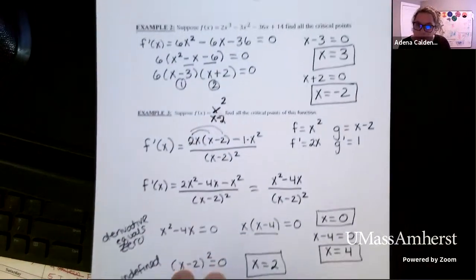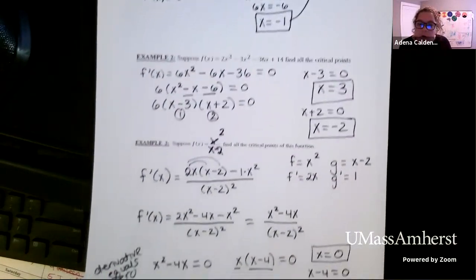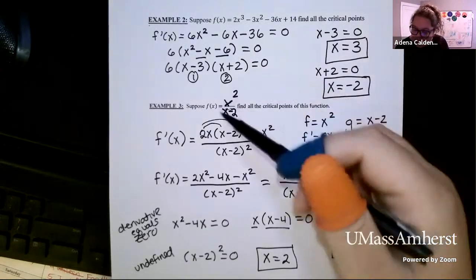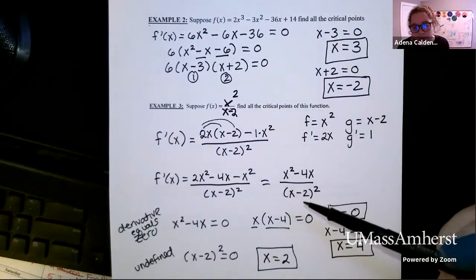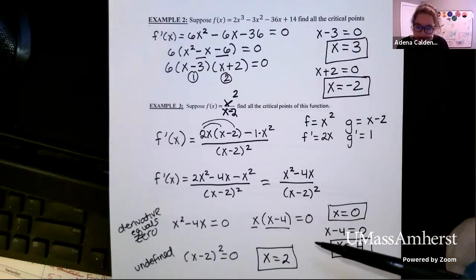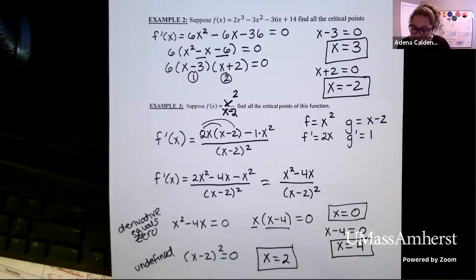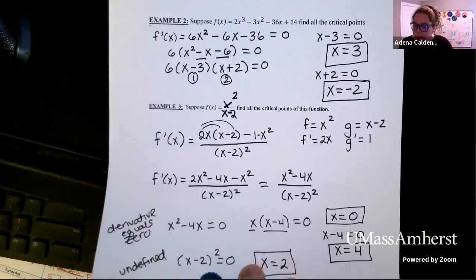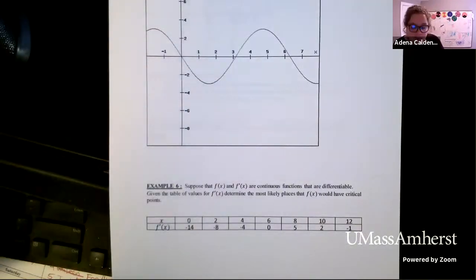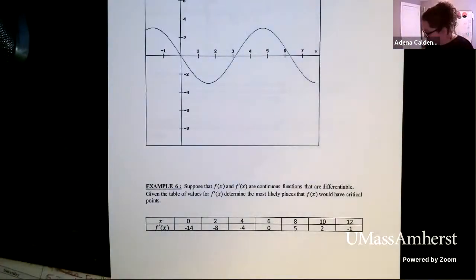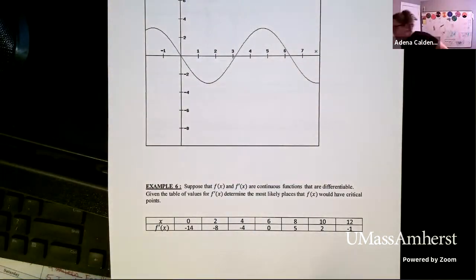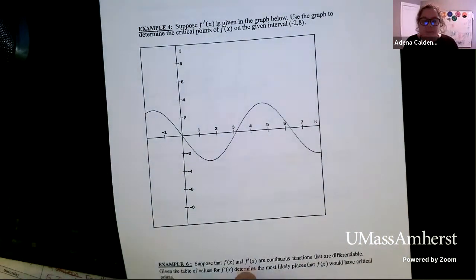Now, for these 3 problems we just did, these are all algebraic. We started with a function and did the algebra to find the first derivative, set it equal to 0 and solve. There are a couple of other ways that we can look for critical points. So I'm quickly going to review how we might do this if we had, say, a graph and then subsequently a table.